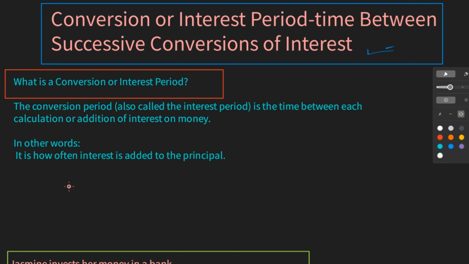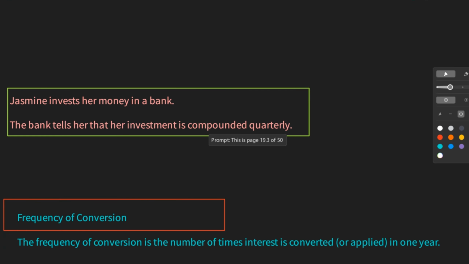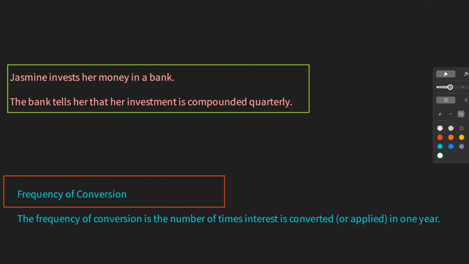In other words, it is how often interest is added to the principal. So how many times the interest will be added to the principal for each year. Let's take an example. Jasmine invests her money in a bank.